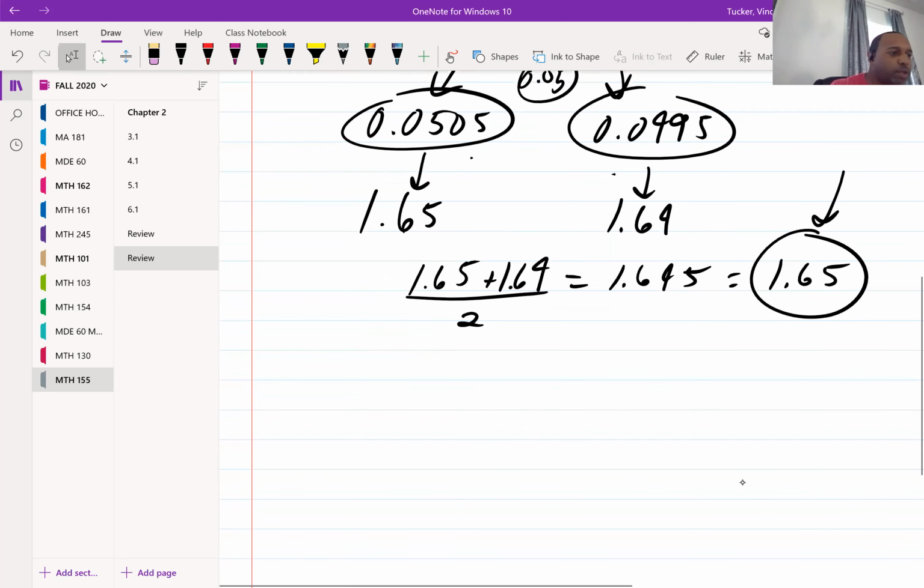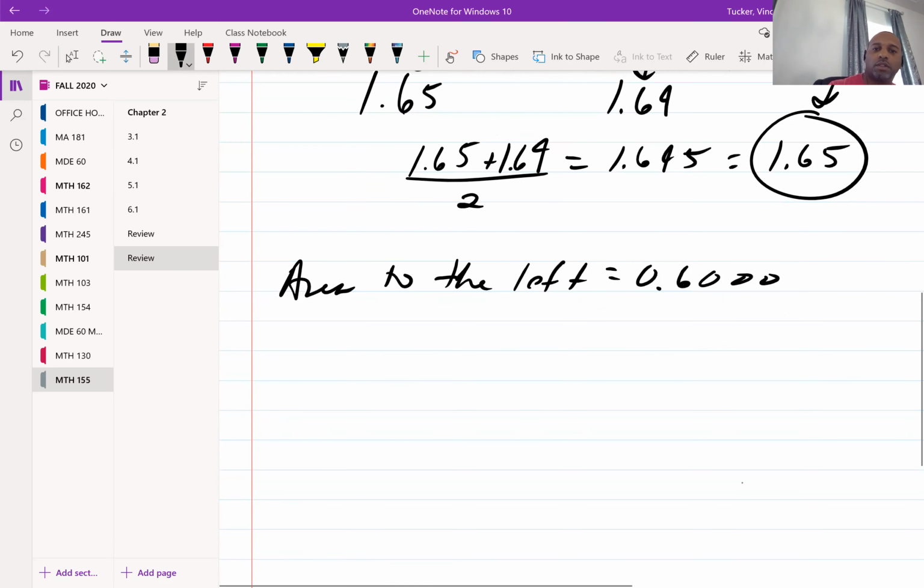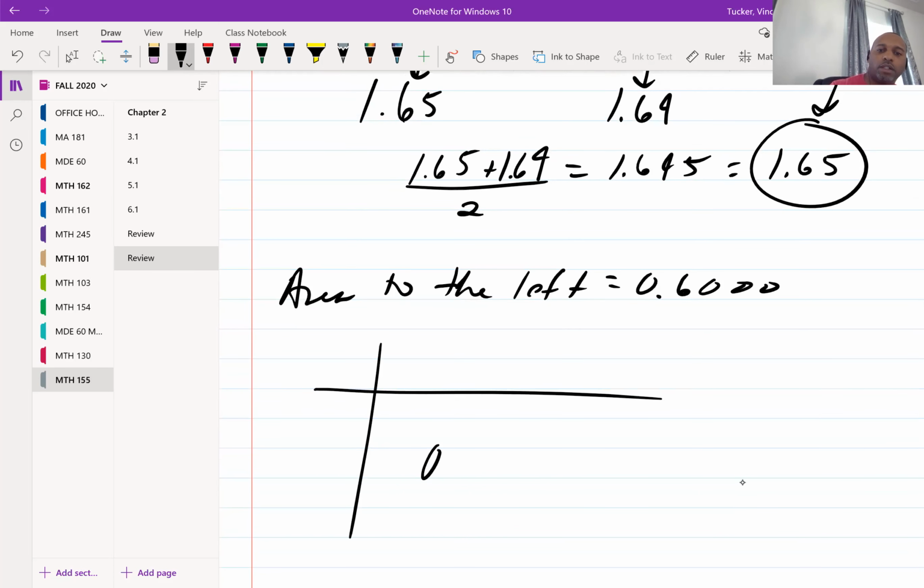Okay, let's try 0.30 to the left, 0.600. Once again, we go inside the chart and look for 0.600, and we're going to find the corresponding z-score.